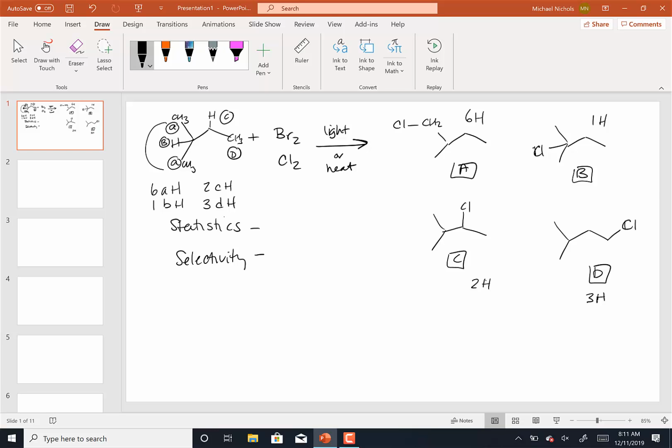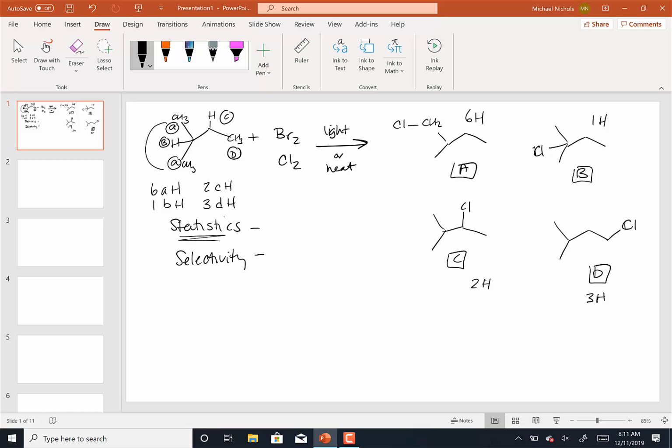Yes, but it is just one factor that goes into this. So this is brand new. We have never taken into account the number of hydrogens that could be lost. We didn't do this in E2. We didn't do this in E1. We only do this here.